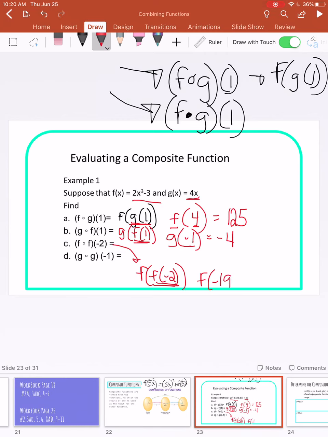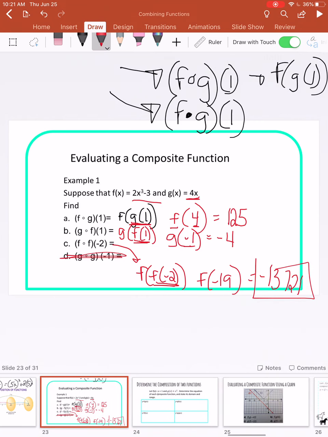Now I take that negative 19 and substitute it into f again. So 2 times negative 19 cubed minus 3, and you can just type this in your calculator. My final answer would be negative 13,721. I don't think you have this one in your notes, so we'll just move on.